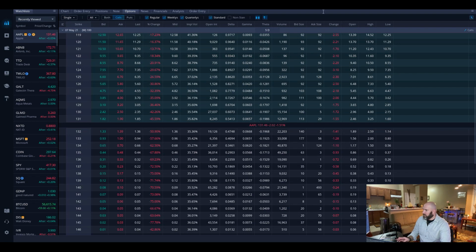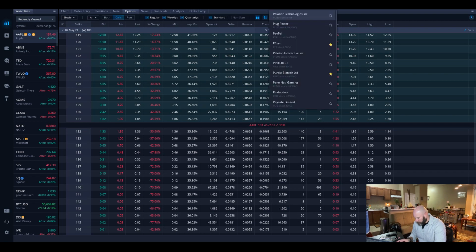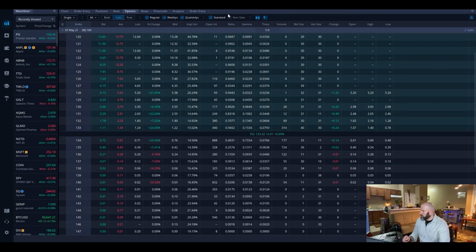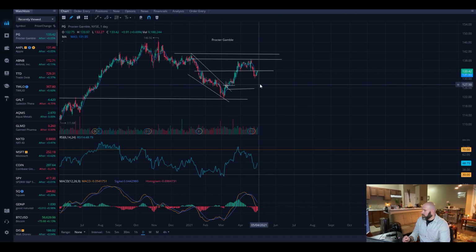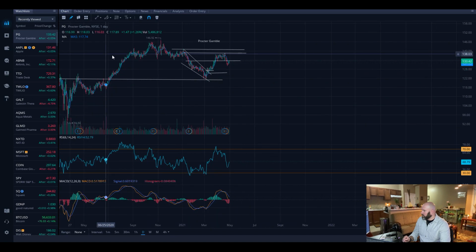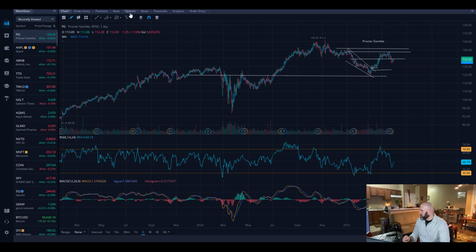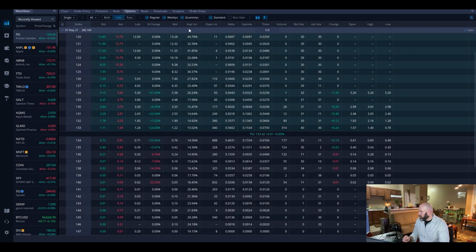If it's not a very volatile stock, let's just use something, for example, let's say Procter & Gamble. We go to the options chain. You look at the chart on Procter & Gamble. Historically, it doesn't really move a whole lot, although it's had a little bit of volatility lately. But you look at the implied volatility on Procter & Gamble, and it's under 14 to 18%. Very, very low.